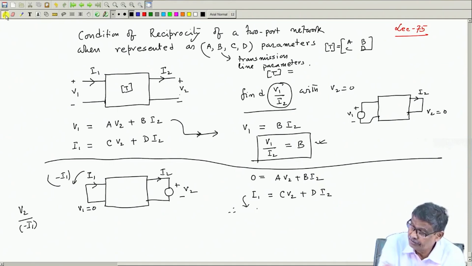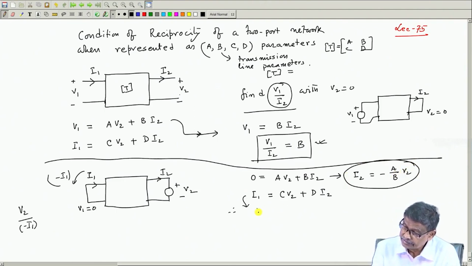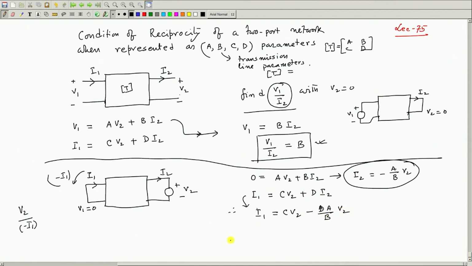So, from this equation I will find I2 as minus A by B into V2. Then in the equation I1 equal to C V2 plus D into I2, for I2 I will put minus D A by B into V2.